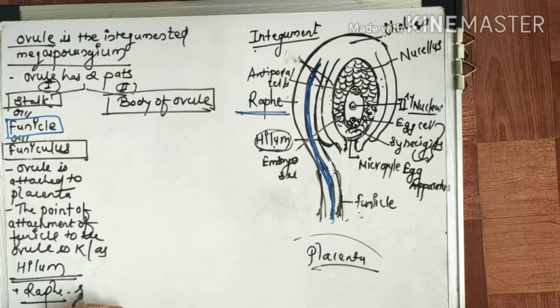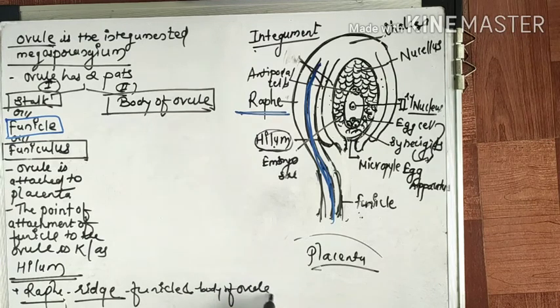So raphe is nothing but a ridge, forming a ridge in between the funicle and the body of ovule.